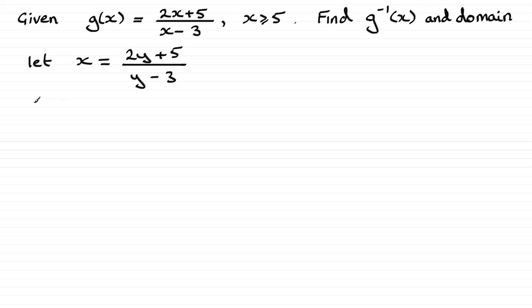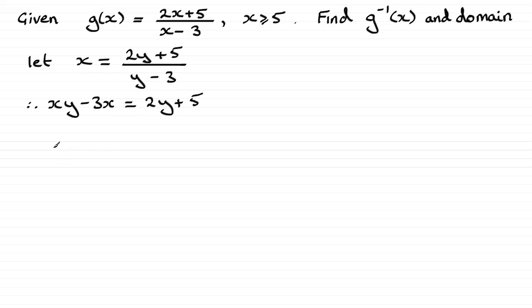And what we're going to do now is just make y the subject. I can multiply both sides through by y minus 3. So we get x times all of y minus 3, which gives me xy minus 3x, and that's going to equal 2y plus 5. Now, all I need to do is group the terms containing a y to one side, and add the 3x to the other side.